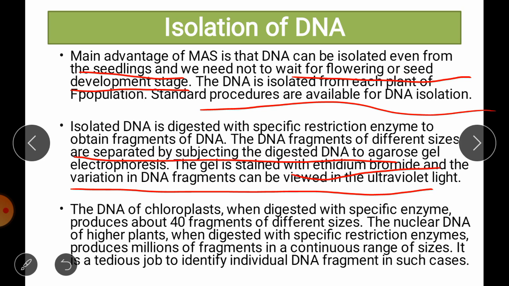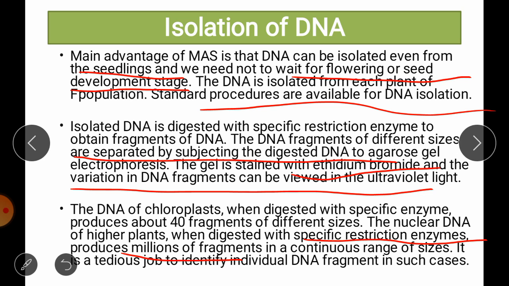So DNA of your chloroplast, when digested with certain specific enzymes, will yield about 40 fragments of different size, while the nuclear DNA of your higher plant, when you digest it with a specific restriction enzyme, will produce millions of fragments, which are in a continuous range of size.